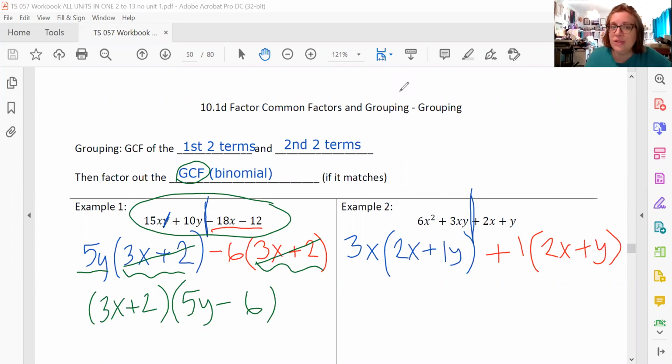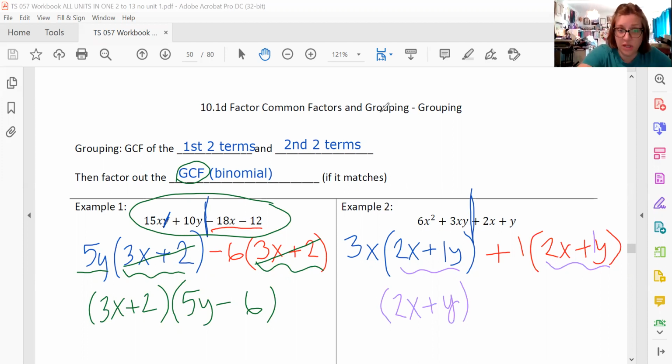And the reason that I want to do that is because look at this again. This one and this one are the same. Remember, 1y is the same as just plus y. So yeah, I can factor that one out first. I don't have to write the 1 in front of the y.